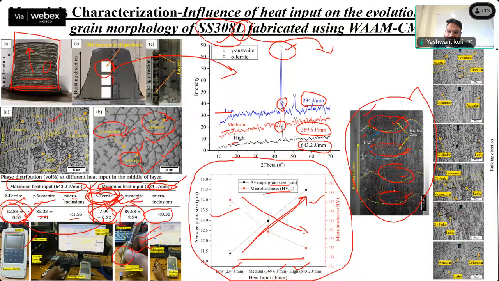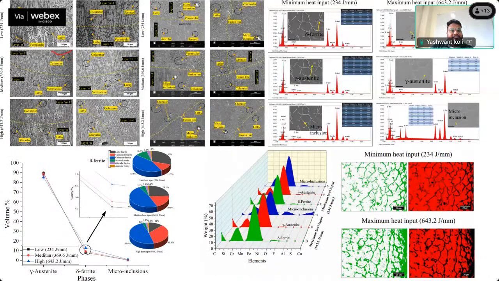This is a very weak portion that I have already discussed. The strength is very less, but we can alter this by heat treatment process or keeping the temperature constant during the fabrication process.